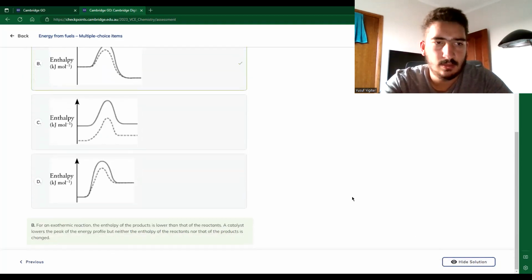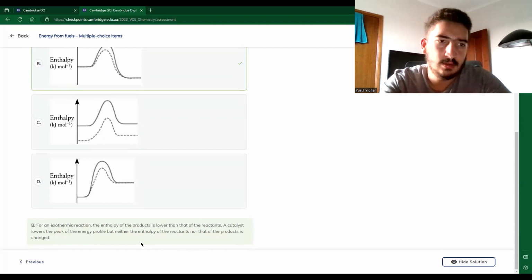Do they start from the same exothermic reaction? The enthalpy of the products is lower than that of the reactants. Yes, that's correct. A catalyst lowers the peak of the energy profile, but neither the enthalpy of the reactants nor that of the products is changed.